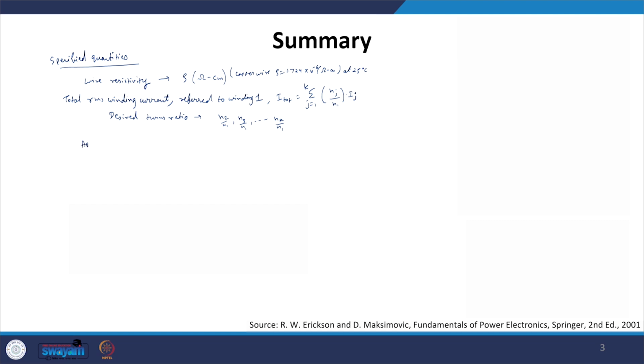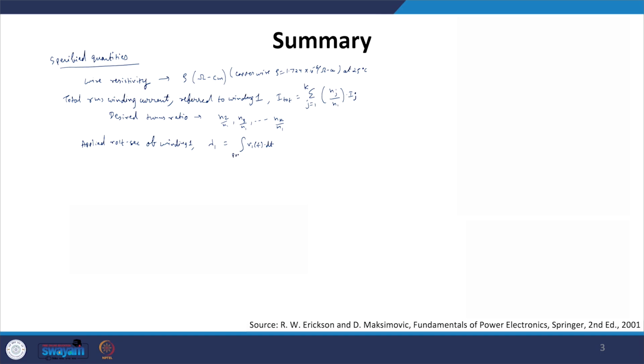So, we can then write the applied volt-second of winding 1, which we have already defined as a flux linkage, nothing but the integral of V1(t) dt, where V1 is an arbitrary periodic signal.